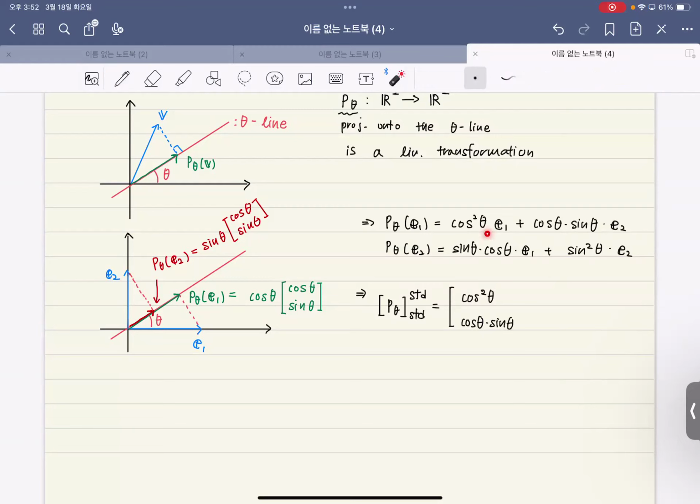And since I have sine times cosine here and sine squared there, the second column is sine times cosine and sine squared. This is the matrix representation of the projection.